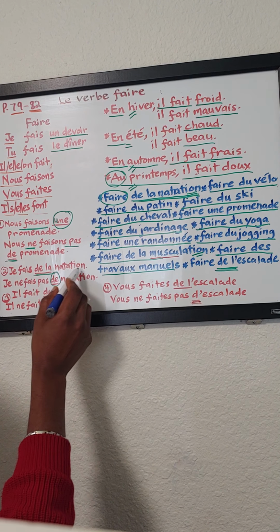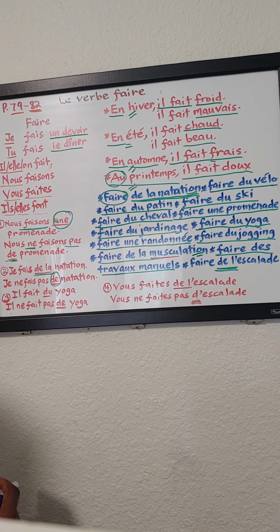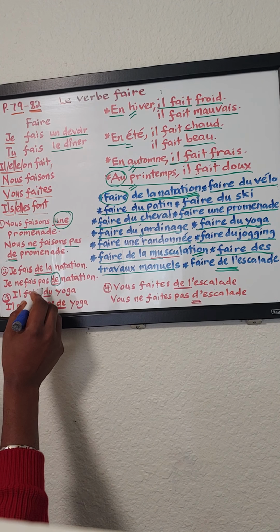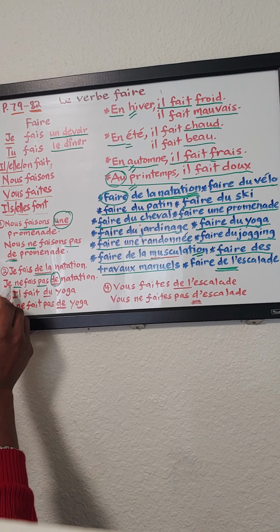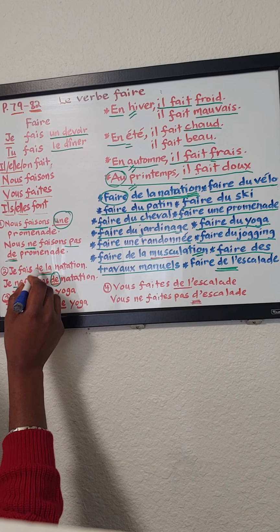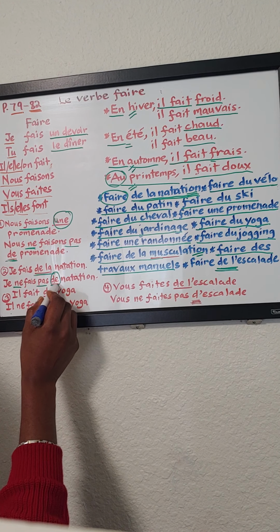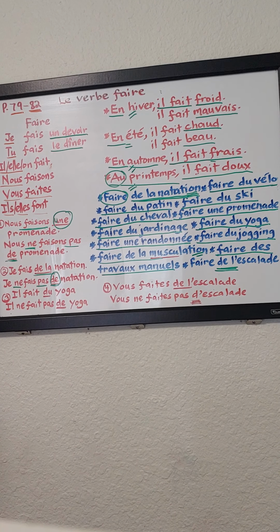You want to say, I don't go for swimming, I don't swim. So, je ne fais pas, the negation, and then de la will change to simply de. Je ne fais pas de natation.